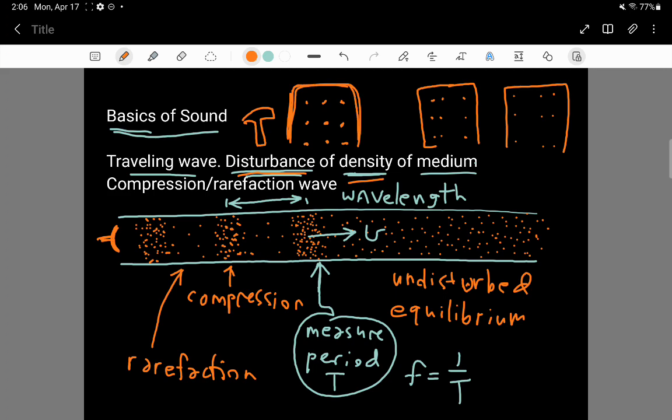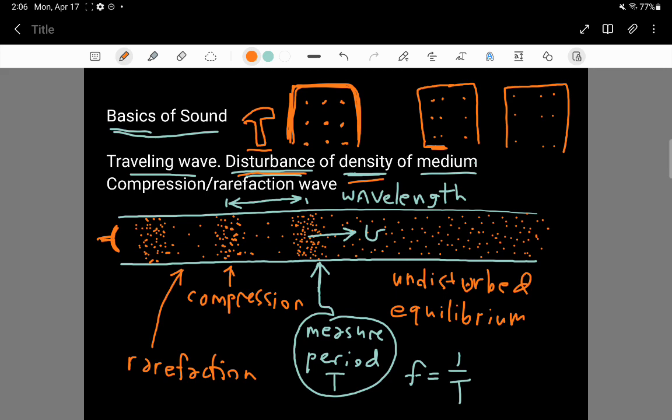The molecules are all sort of evenly distributed in the equilibrium situation, but a sudden hammer strike or a sudden compression somewhere can lead to a localized compression or a localized high density. And this is what sound is.